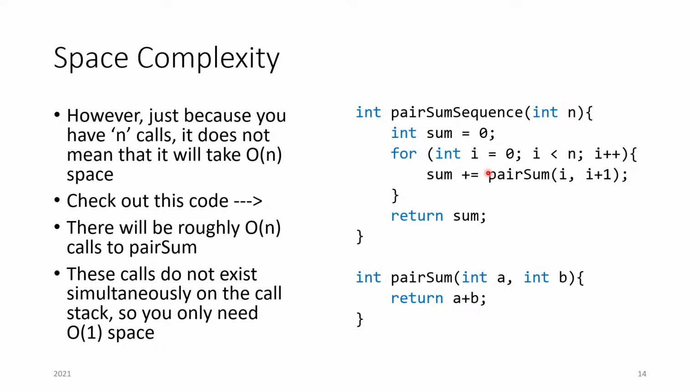That same memory that was used before is reused again for your iterations. So that's why it only uses O of 1 space. Recursion uses more memory, iteration reuses the same memory.